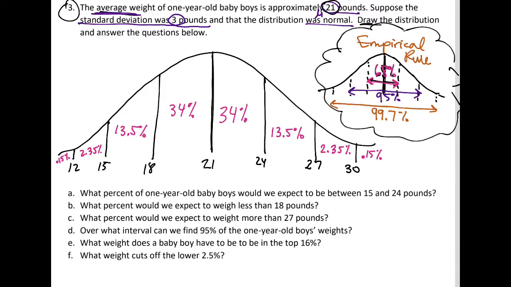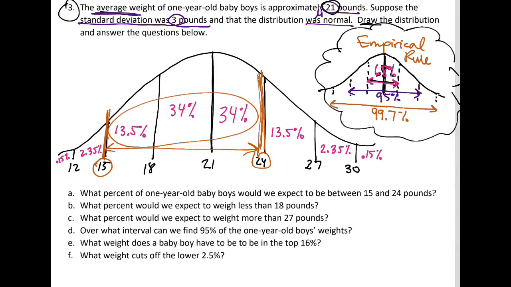All right, so now we have our actual curve all the way drawn, and now we can answer some questions. The first question is, what percent of 1-year-old baby boys would we expect to be between 15 and 24? Well, here's a 15, here's a 24. Notice it says between, so these are the lines that we are going to use as our cutoffs. So from 15 to 24 is all the percentages within that amount.